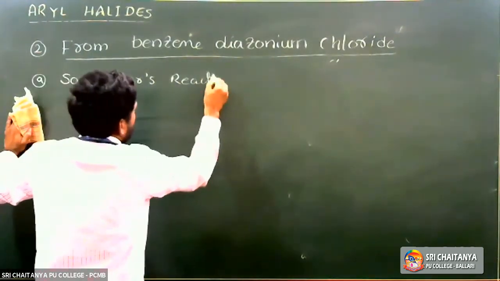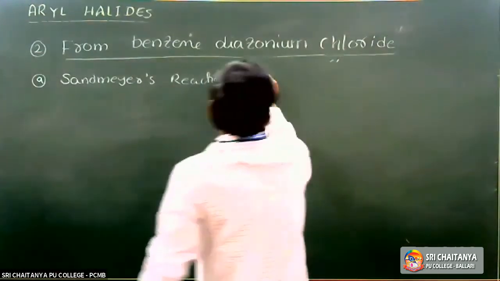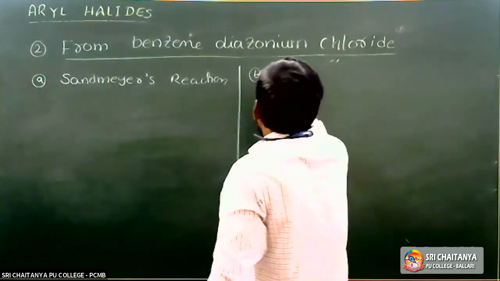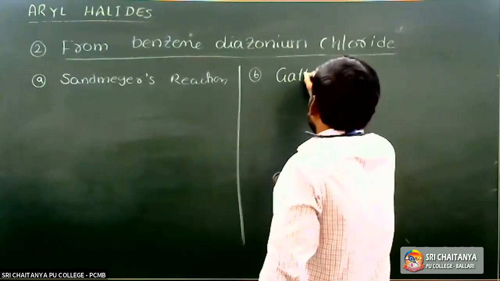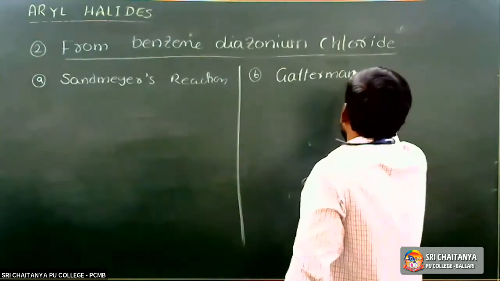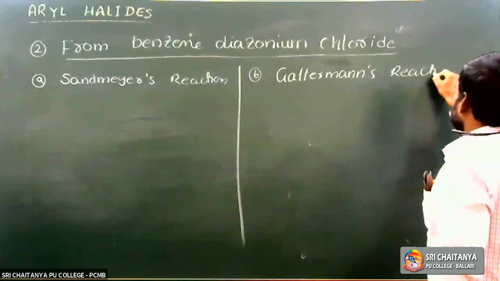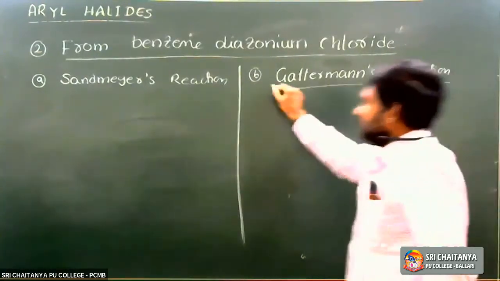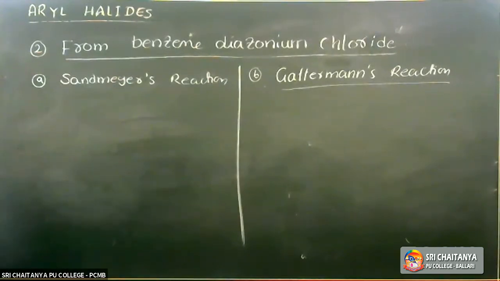Next, second one is the same from benzene diazonium chloride. Second one is the Gattermann reaction. Gattermann reaction. So these two are named reactions.